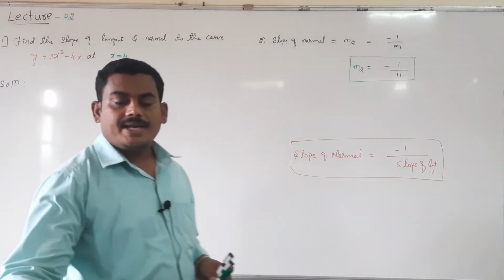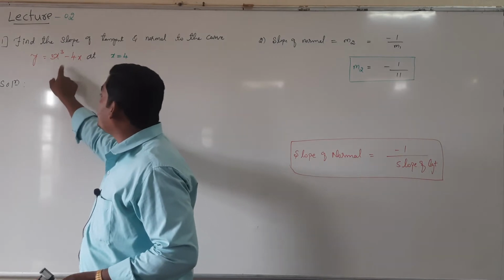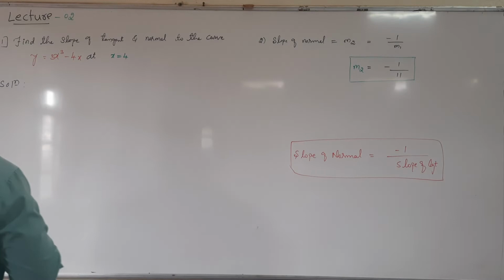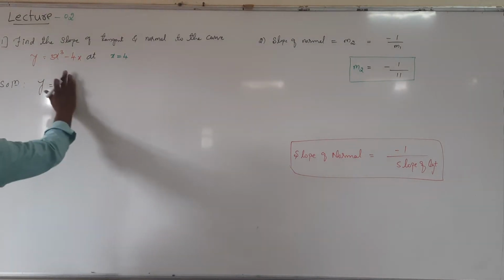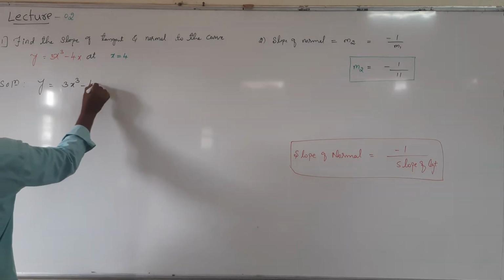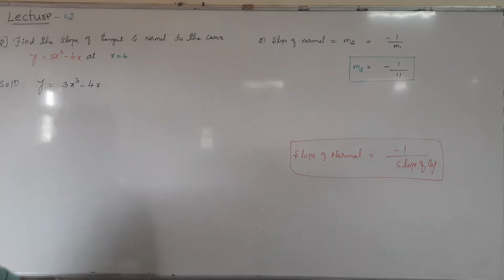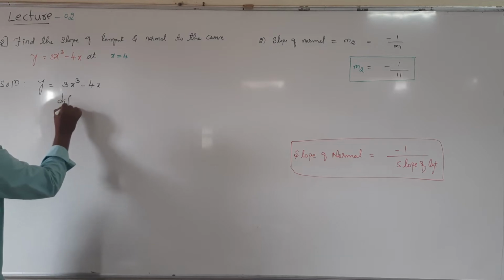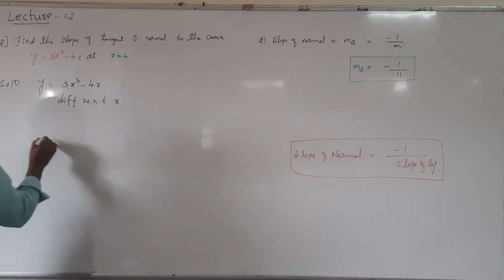We need to find the slope of the tangent and normal to this curve at this point. y is equal to 3x cube minus 4x. It is the second problem. Differentiate with respect to x.